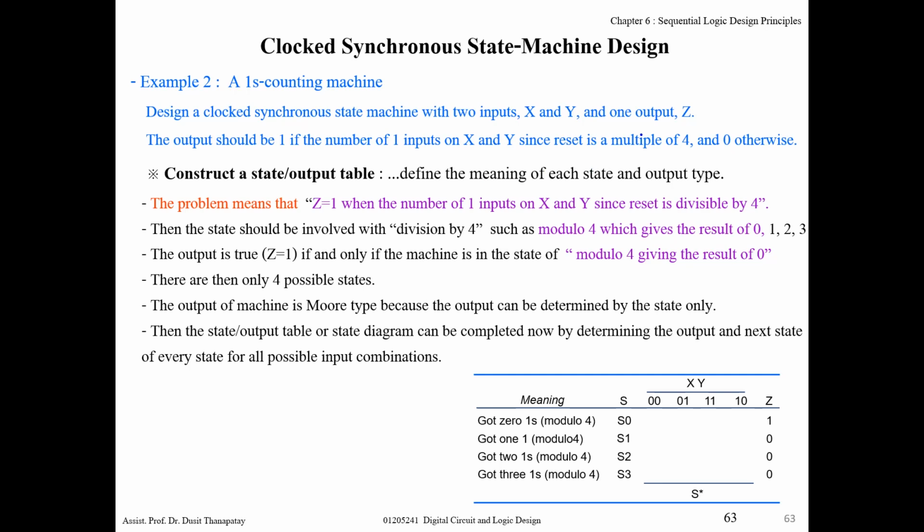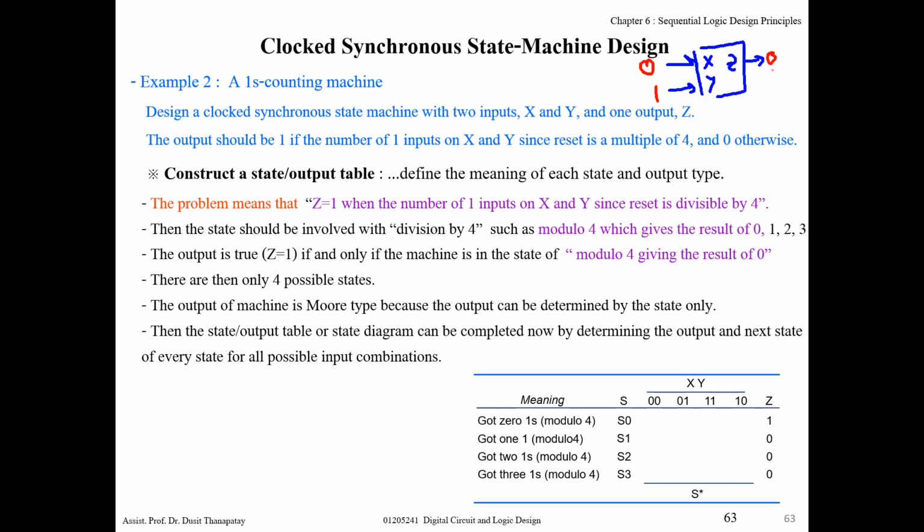I give you some examples of X, Y and output Z. At the beginning, if the input is 0, 1, when the clock ticks with the first set of input, 0 for X and 1 for Y, the total number of logic 1 inputs is 1, so output Z is 0.